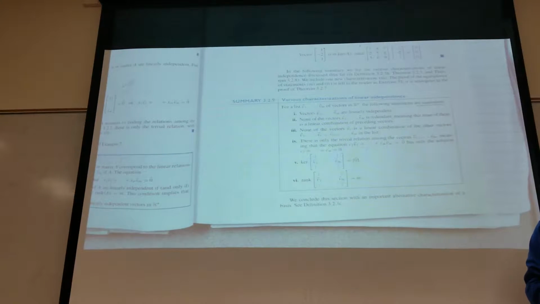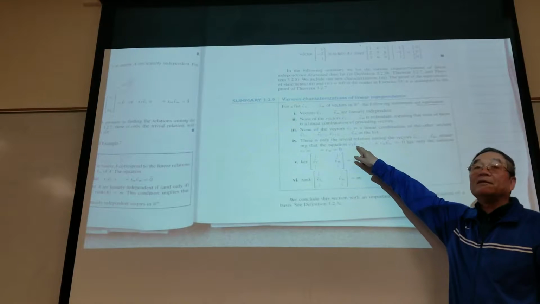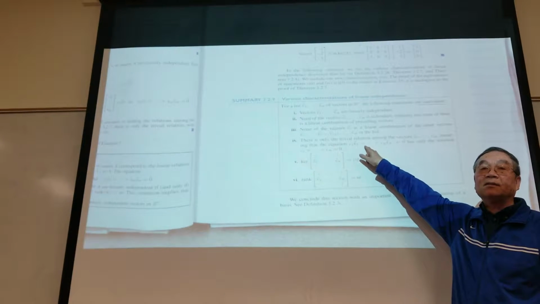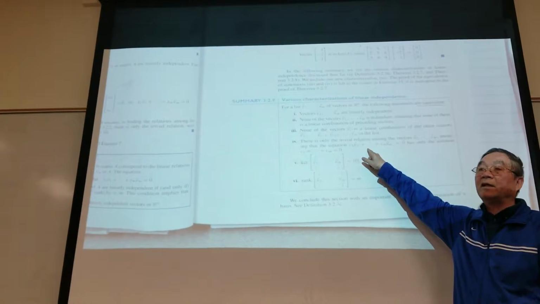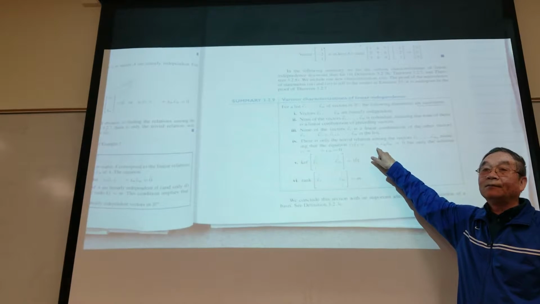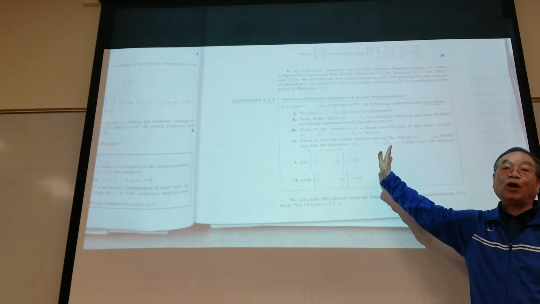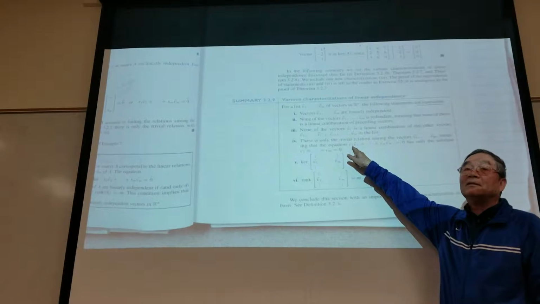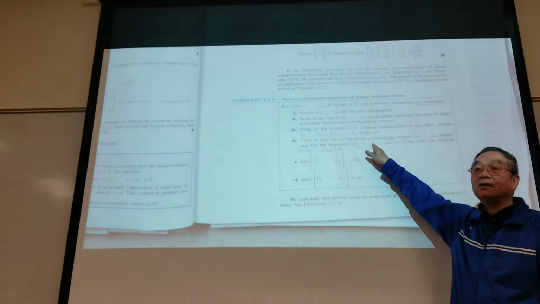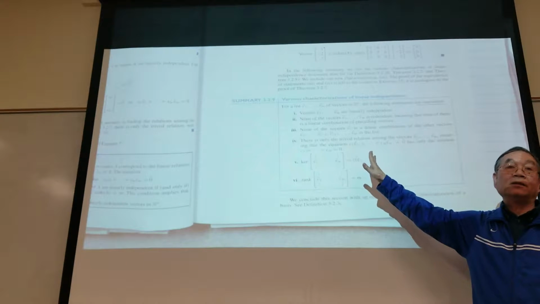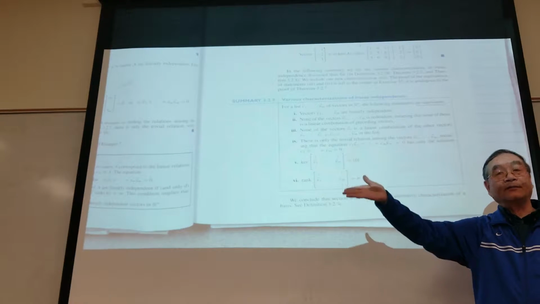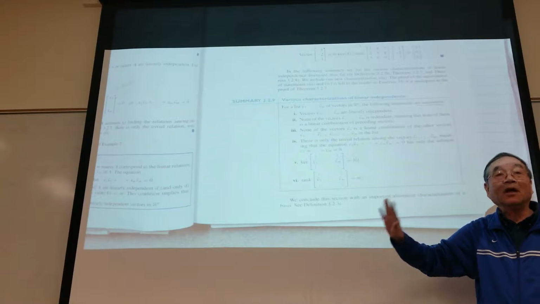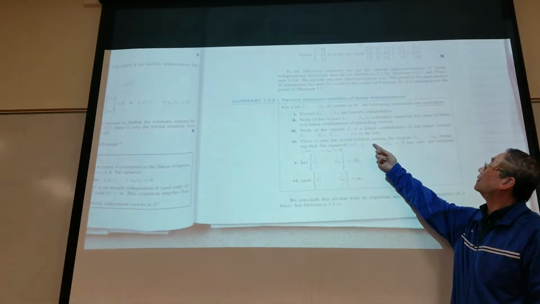So I'm going to, without thinking, write down C1V1 plus C2V2 plus C3V3, and then still without thinking, set it to 0, right? Now the hard part is to show whether C1, C2, and C3 must be all 0, or somehow you can find C1, C2, C3 not all 0 such that this is true, right?